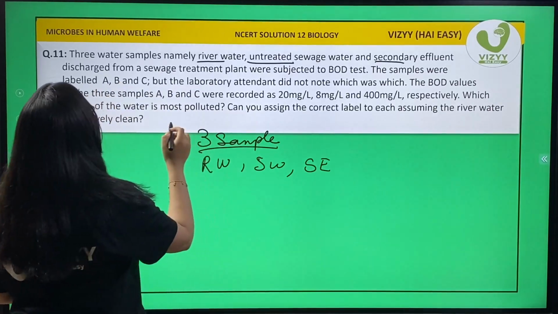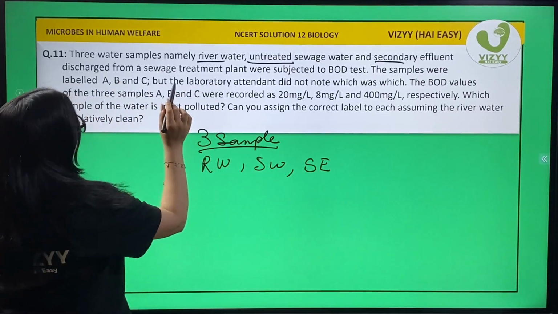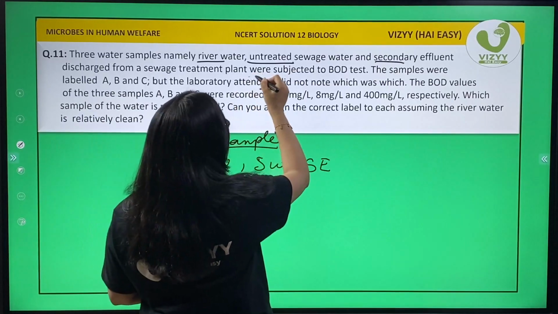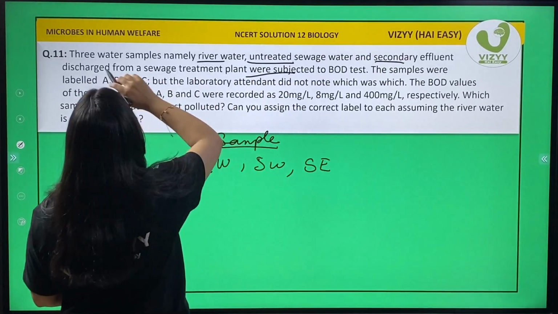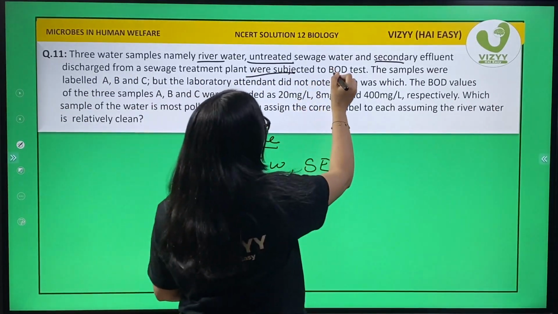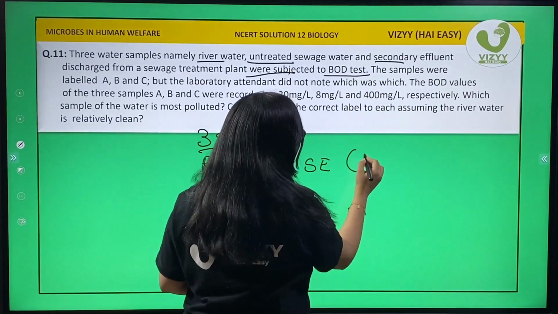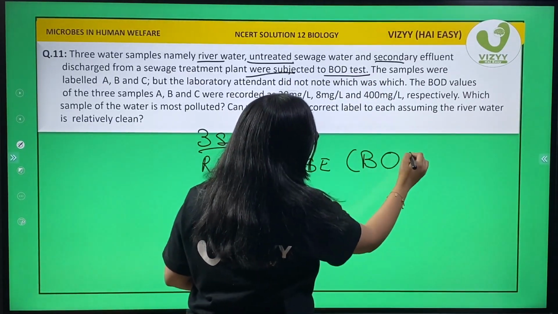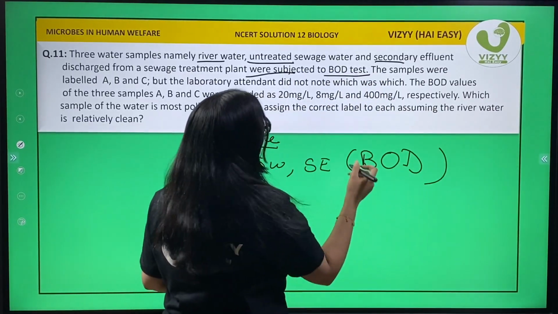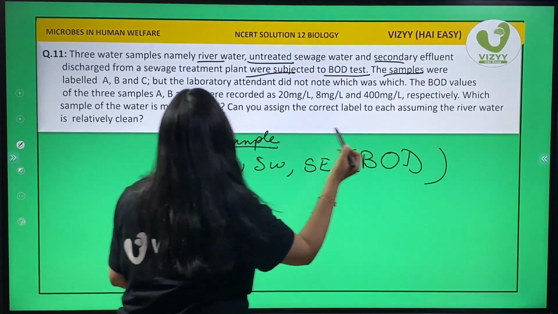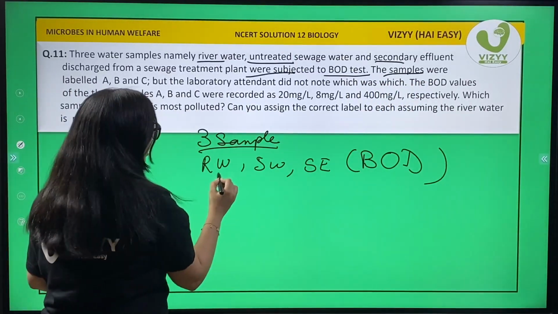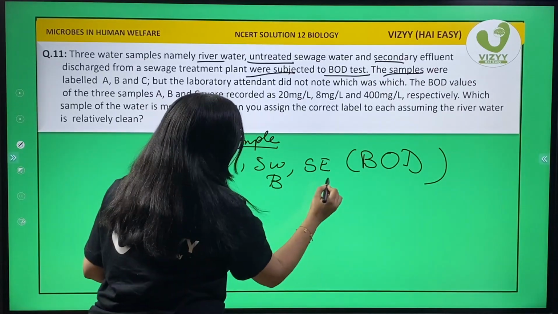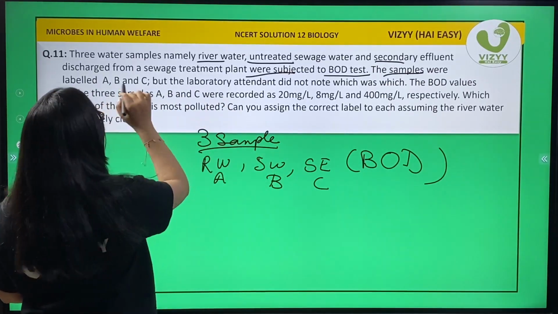Now, where sewage treatment plant was subject to a BOD test, biological oxygen value. Now, the samples were labeled as A, B, and C. Okay, this is done.